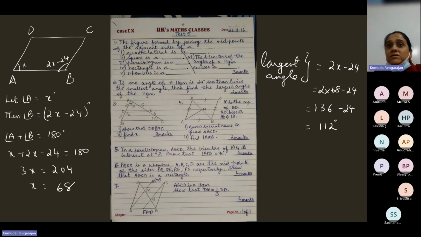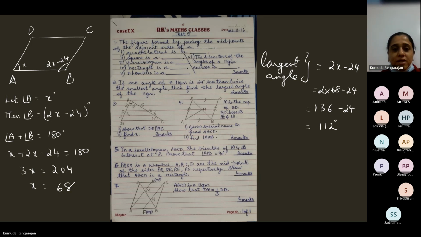In a kite, one pair of opposite angles will be equal. The other pair is not equal, so you'll have 3 different angles in a kite. So in a trapezium, 4 different angles; kite, 3 different angles, because one pair of opposite angles are equal.